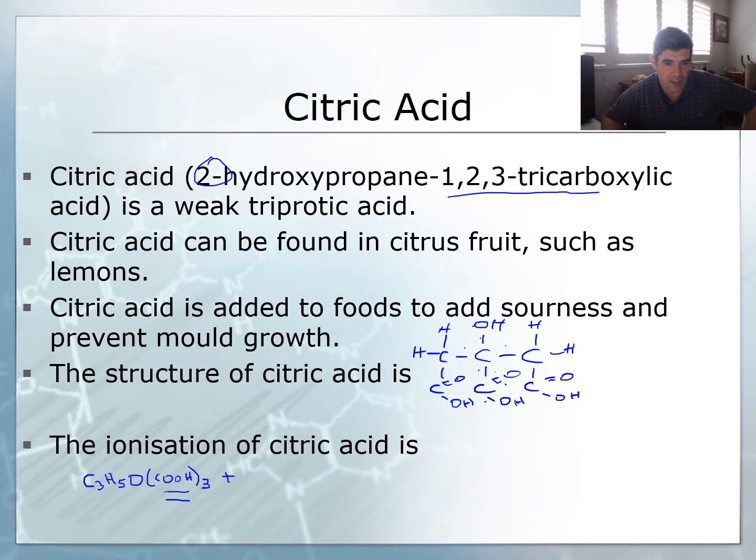And so if we then add it to 3 water molecules, again, because it's an organic acid, we'll use the equilibrium arrow, and we're going to have 3 hydronium ions, H3O+, and then the C3H5O(COO)3 3-.